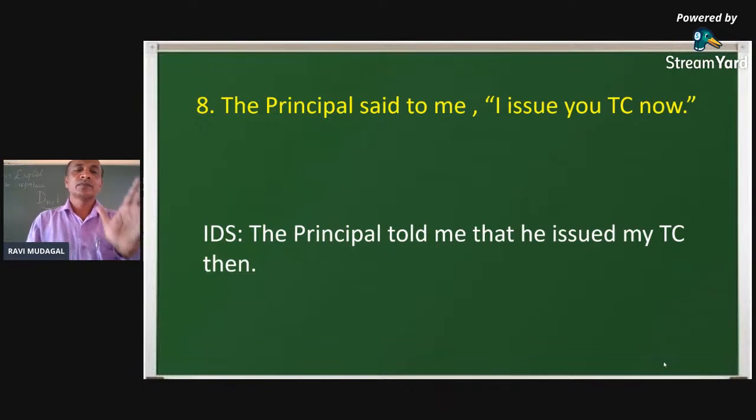When the reporting verb is in past tense, the tense form of the direct speech is changed. Here, the tense form of the direct speech is simple present. Simple present tense is changed to simple past tense. In all examples, from the first example to the 8th example, you might have observed the tense form of the direct speech is simple present.